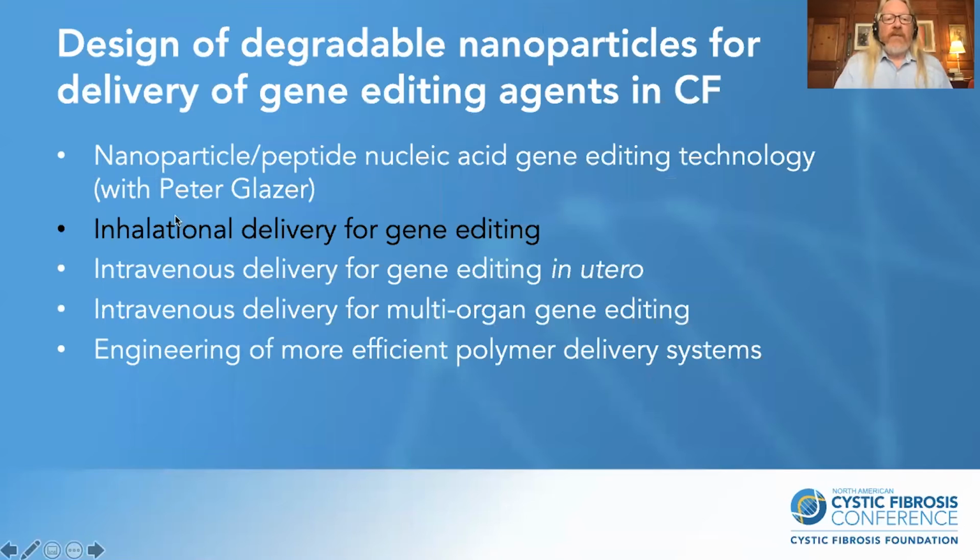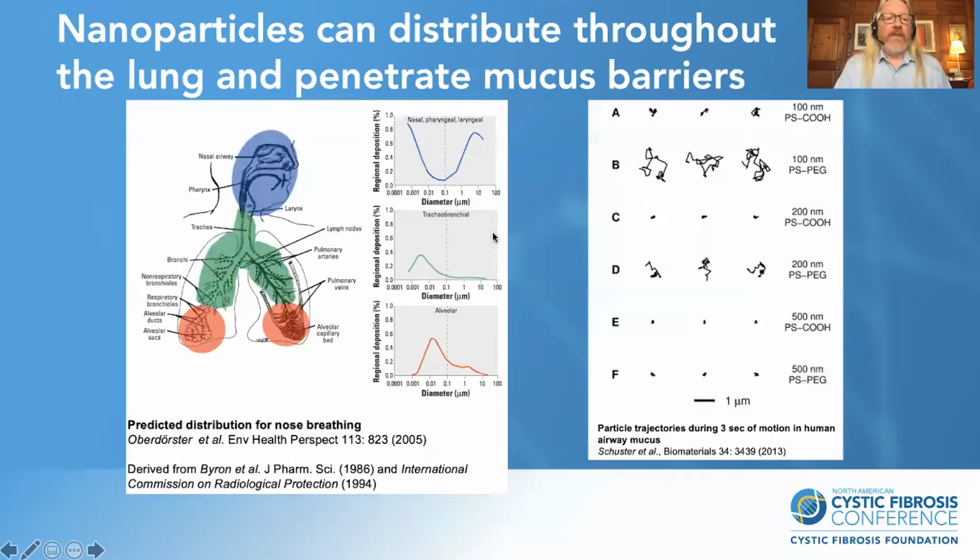So how could you use that for inhalational delivery for gene editing in the setting of cystic fibrosis? Well, why use nanoparticles in this setting? One is that it's well known that if humans or animals breathe in nanoparticles, they get widely distributed throughout the lung, and particles that are about 100 nanometers or so in size are ideal for distributing throughout all the lung space.